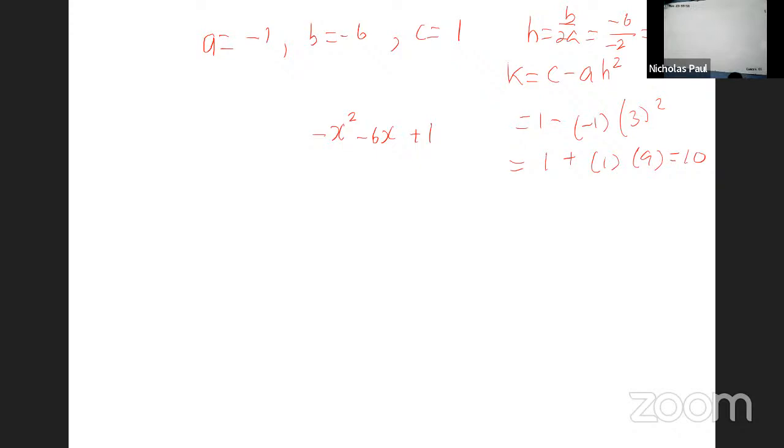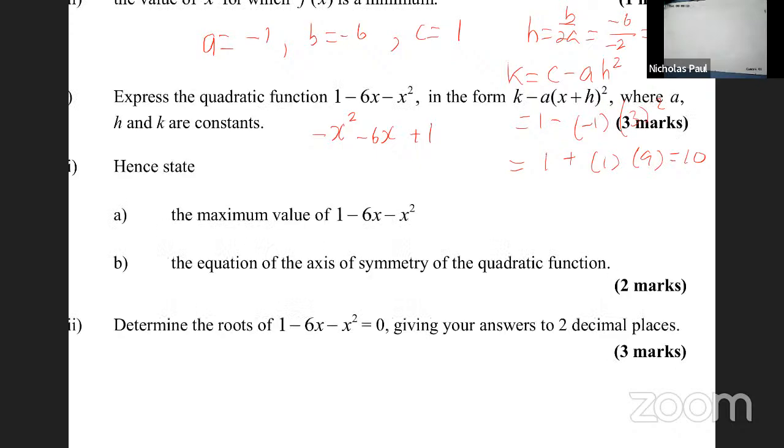Check back and see, right? Remember, A is minus 1. So now a minus and a minus will change this sign here to a plus. So the answer is 10. So it will look like this. How they want it? K, they want K first, right? So you tell them 10, right?